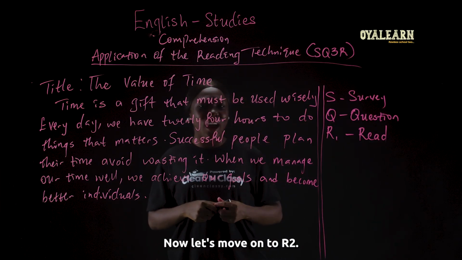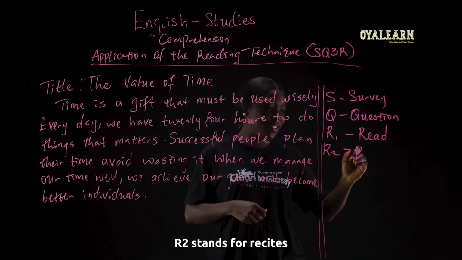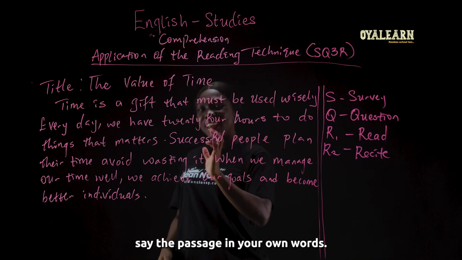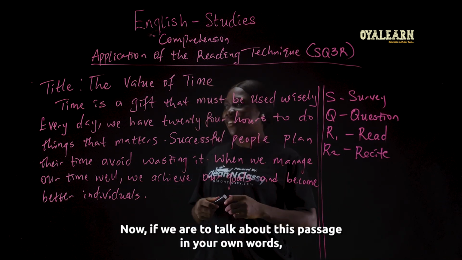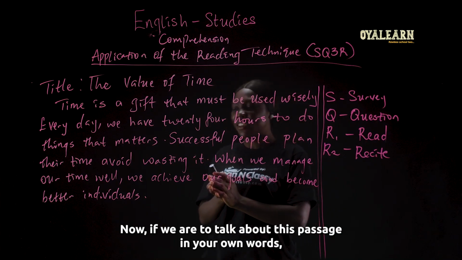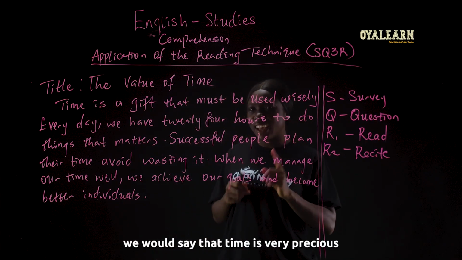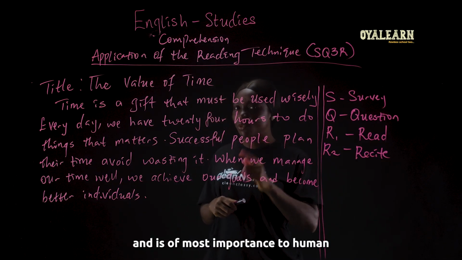Now let's move on to R2. R2 stands for recite. Recite simply means saying the passage in your own words. Now, if you have to talk about this passage in your own words, we would say that time is very precious and is of utmost importance to humans.